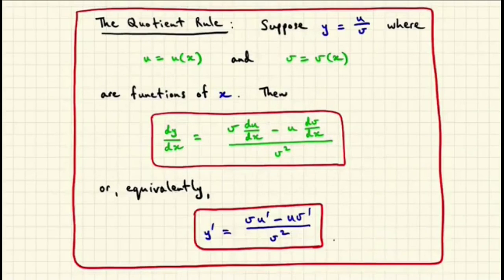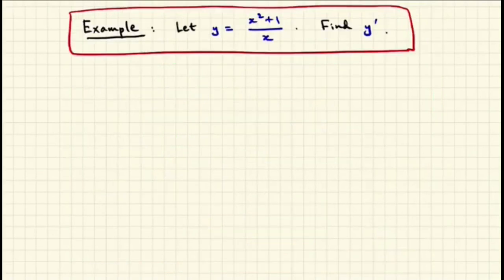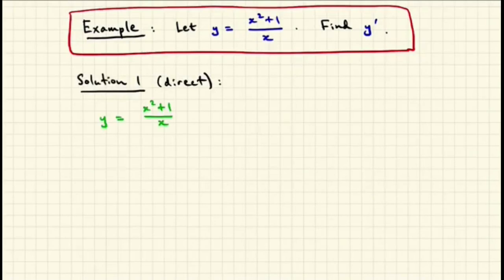Let y equal the quotient x squared plus 1 divided by x. And our task is to find the derivative y dash. We can solve this directly by splitting y up into two fractions, which becomes x plus x to the minus 1, and then differentiate each piece.